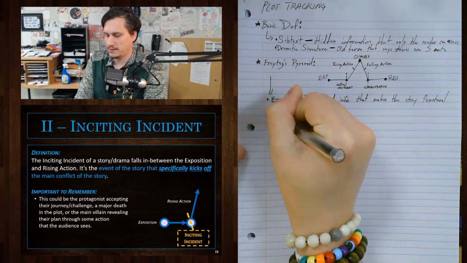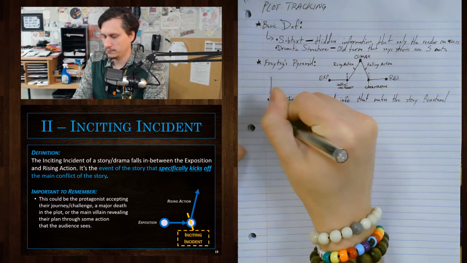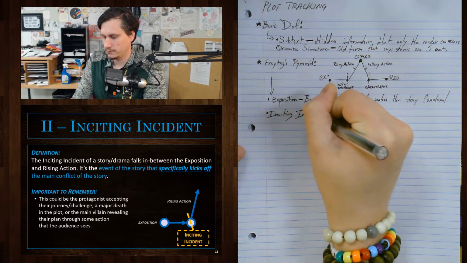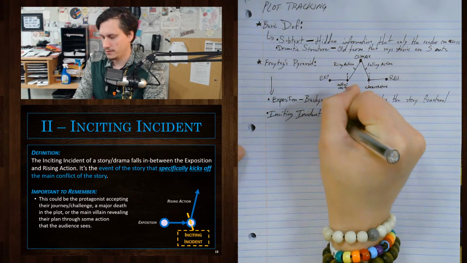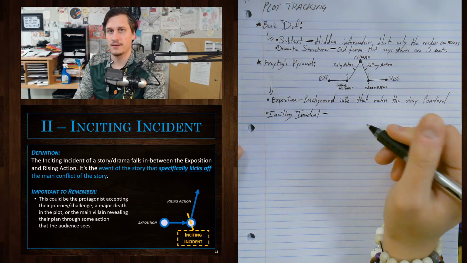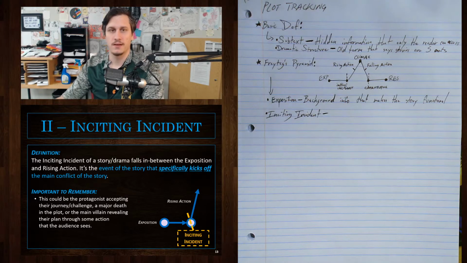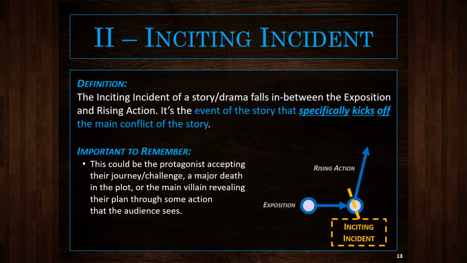Inciting incident. So the inciting incident is going to be the specific event that kicks off the conflict. It starts the conflict, okay? Just in case you need to see my little diagram here.